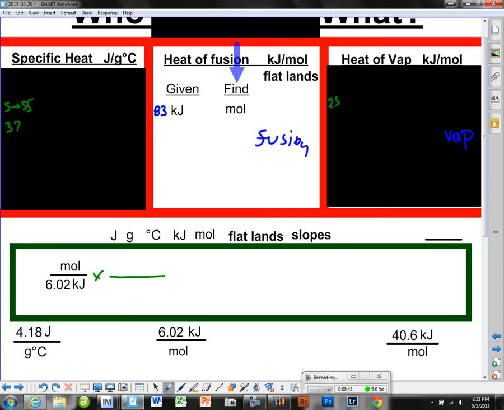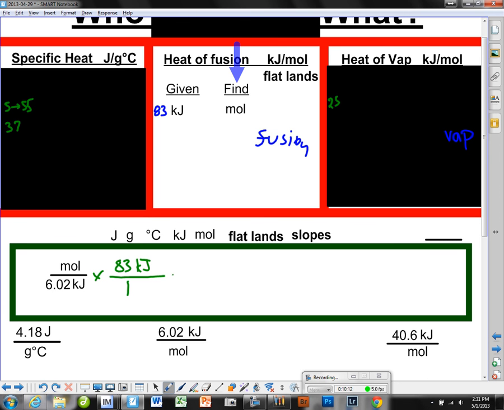83 kilojoules. Okay, I know, it's confusing sometimes. So we got 83 kilojoules, top or bottom? 83 on the top. Okay, 83, and this is kilojoules. And what's on the bottom? 1. Okay, we're done.